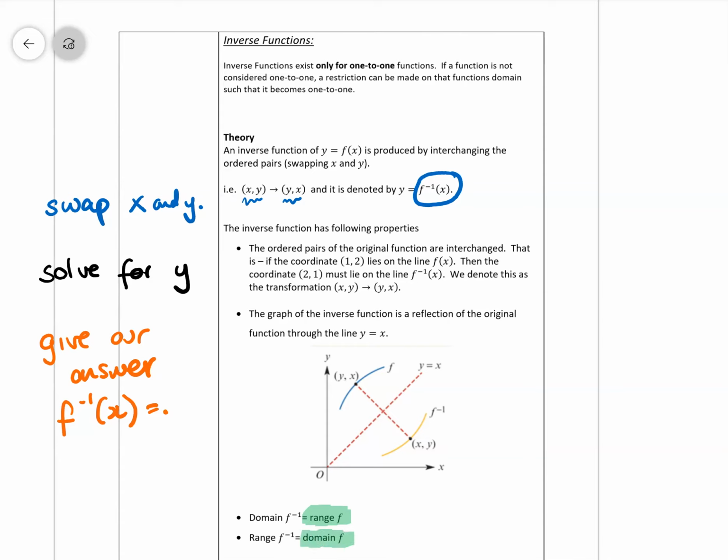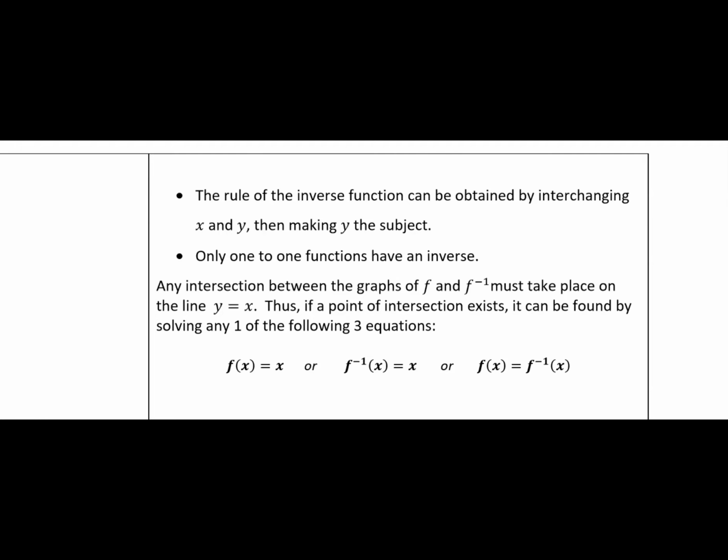So this can come in quite handy when we're asked to state the inverse function, state its domain and its range. So quite simply, that can be summarized as the fact that the rule of the inverse can be obtained by swapping x and y and making y the subject. One other important distinction to note is that only one-to-one functions can have an inverse. And we're going to see what that looks like in a moment.